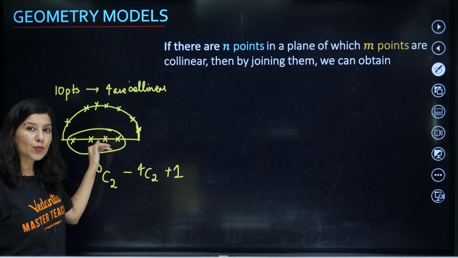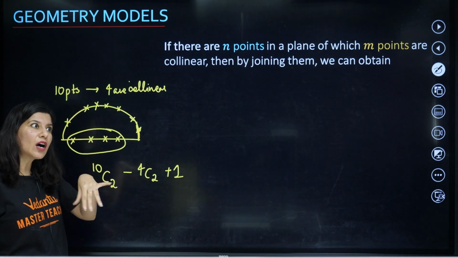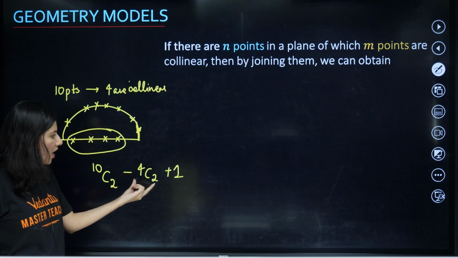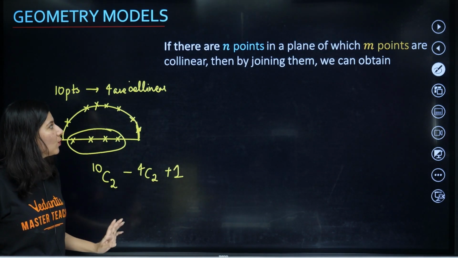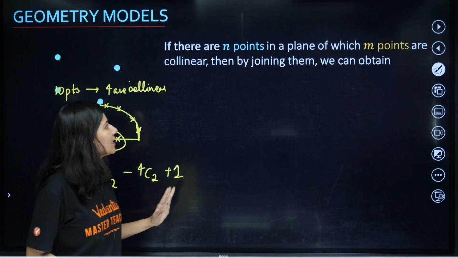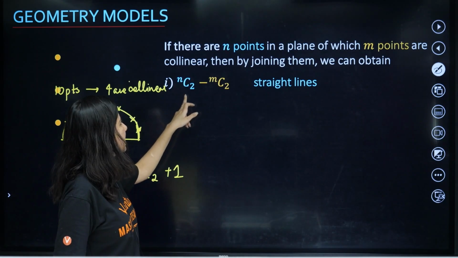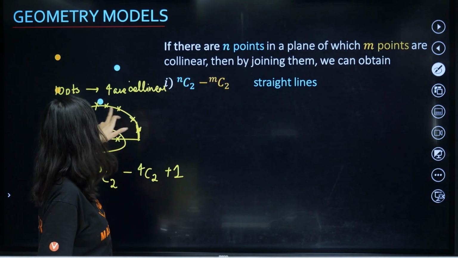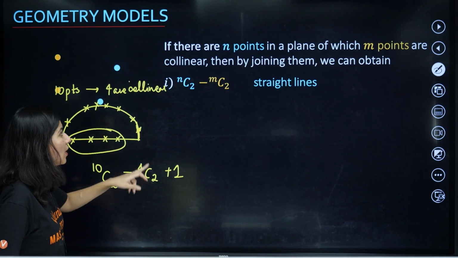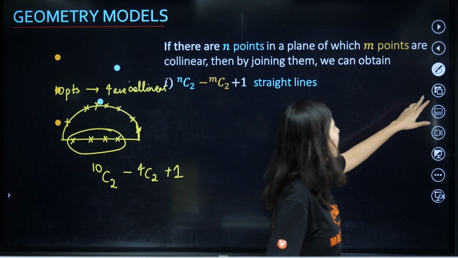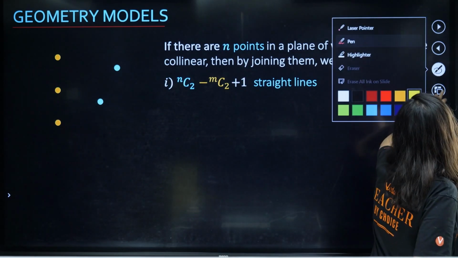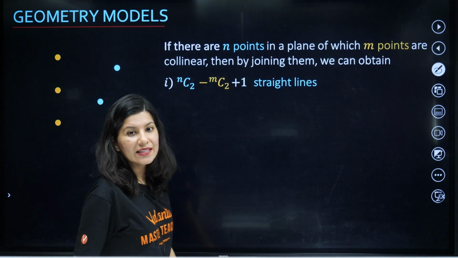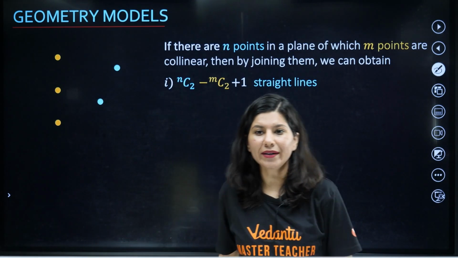So using these 4 points there is only one line, but we had counted so many. We removed those, but we have to add 1. So finally the answer will be NC2 minus MC2, where M are collinear, here 4 are collinear, that's why 4C2, and plus 1. So NC2 minus MC2 plus 1 straight lines.